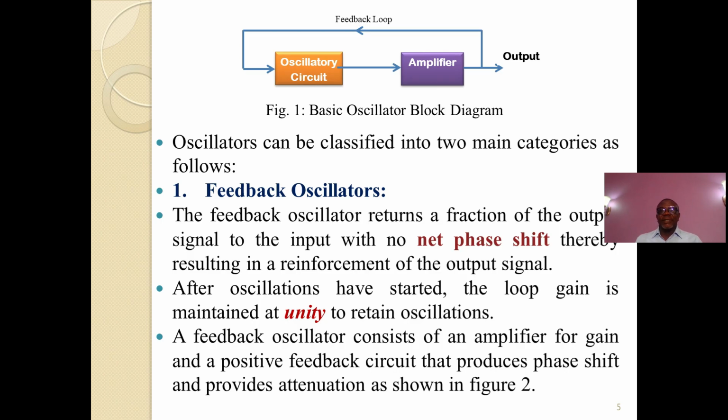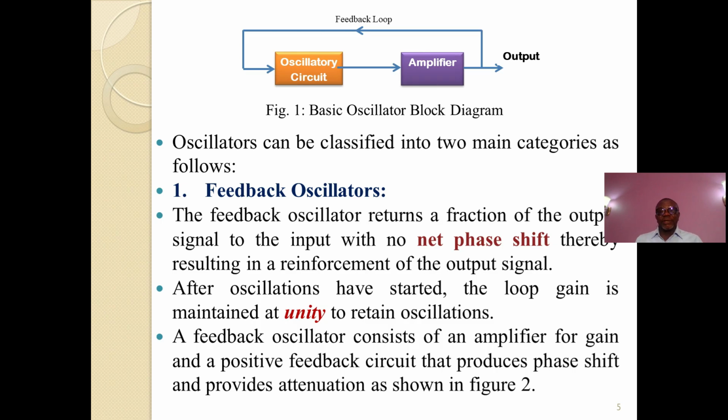If you look at Fig 1 above, you see that there is a feedback loop where the output is fed back to the originator of the signal, which is the oscillatory circuit. So with that, it reinforces what we now call the input, even though it is not an external input to the system.